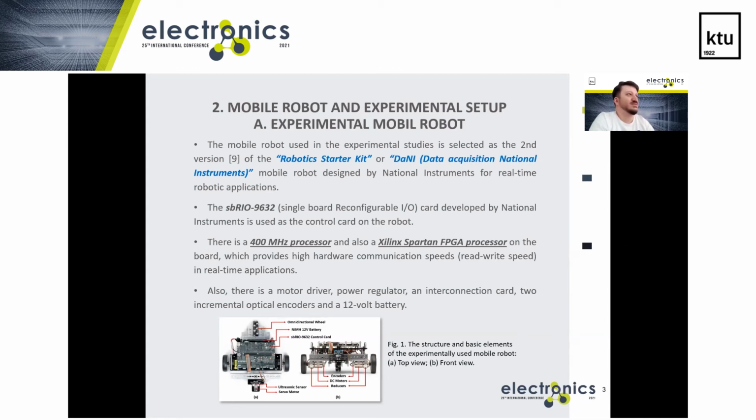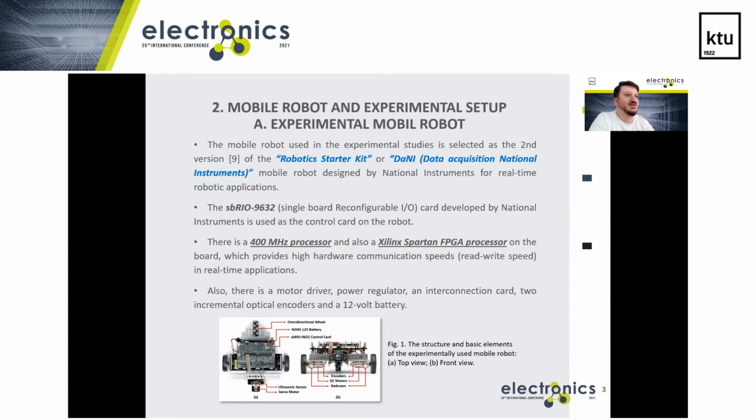It's an out-of-box mobile robot, and it has a control card called Single Board RIO 9632, which is also developed by National Instruments. This control card has two processors. The first one is a 400 megahertz processor, and the second one is an FPGA processor, a Xilinx Spartan FPGA processor.